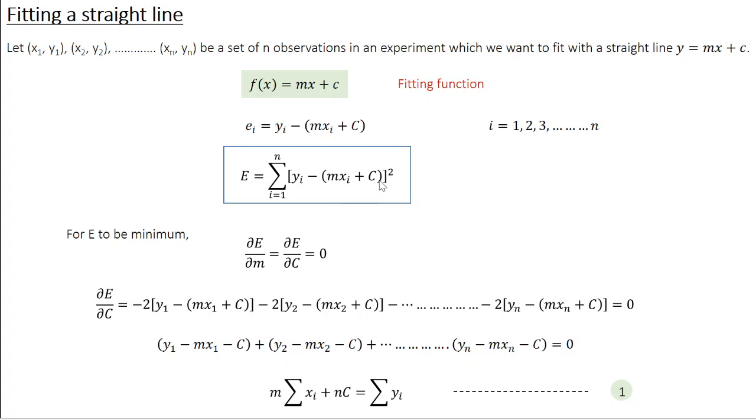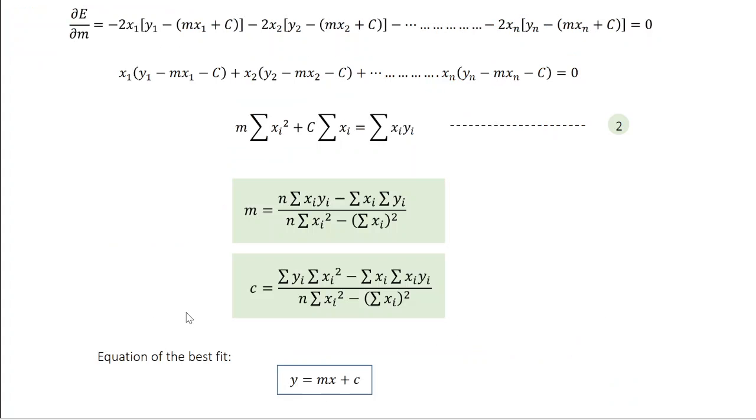The derivative of c with respect to m is 0. So the first term is going to be minus 2x1 into (y1 - mx1 - c). Once you find out the first term, all other terms you can write directly. The second term is minus 2x2 into (y2 - mx2 - c), all the way to minus 2xn into (yn - mxn - c). This is equal to 0.